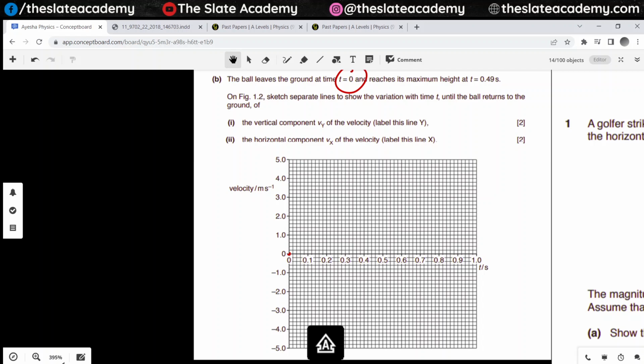projectile, so if I've got a projectile like this, we discussed that it has a vertical component and a horizontal component. So this would be the vertical component, the yellow one, and this green one would be the horizontal component.